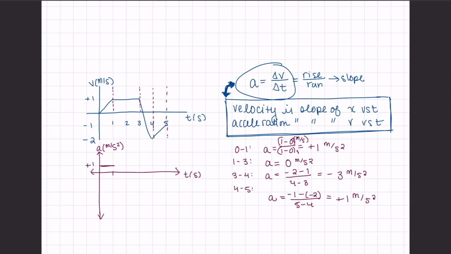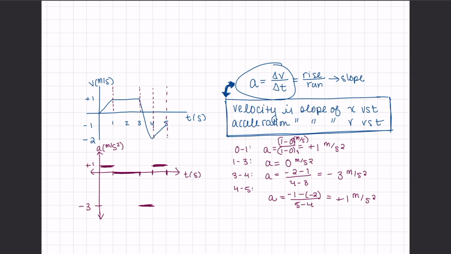I didn't scale that right, whatever. Okay, that's going to be +1. And then from 1 to 3, we're at 0. From 3 to 4 is when we jump down to our -3. And then from 4 to 5, we pop back up to +1. Okay.